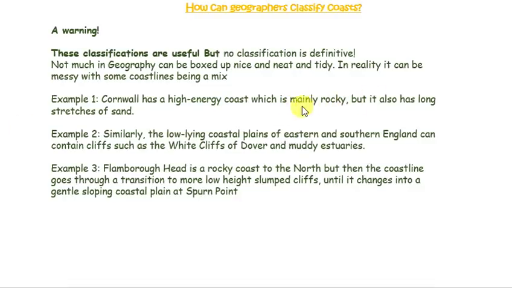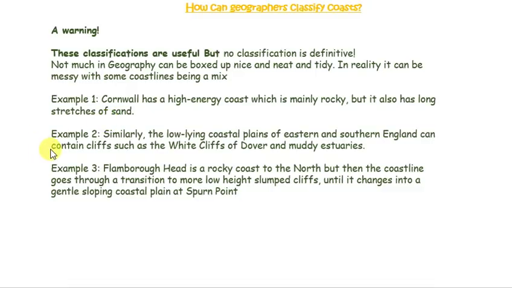It's mainly a rocky coastline because it's got resistant metamorphic geology, which is very hard, so it doesn't erode quickly. But then it also has estuaries and sheltered parts where the lithology is sand and deposition is the dominant process. So again, that's one example.